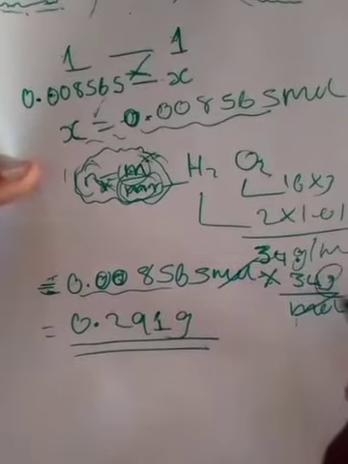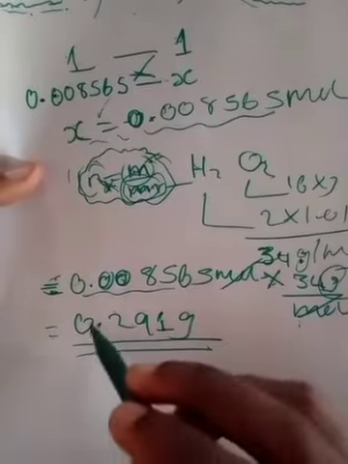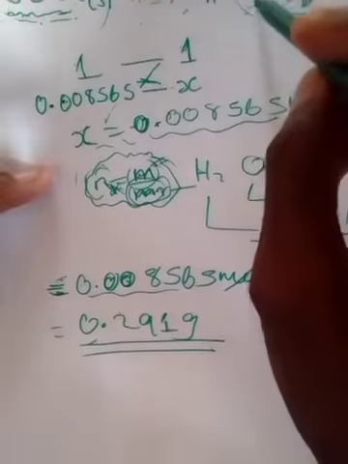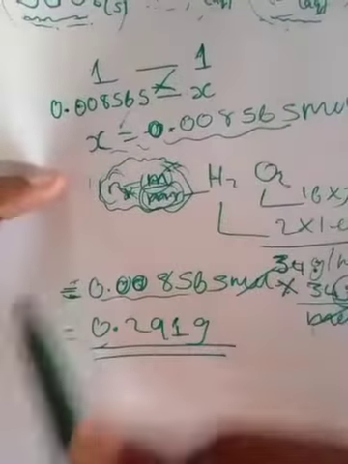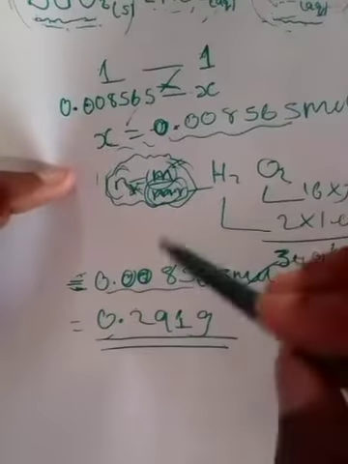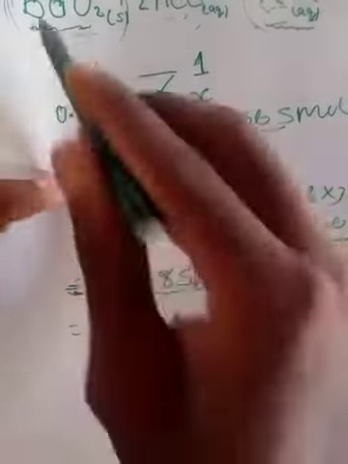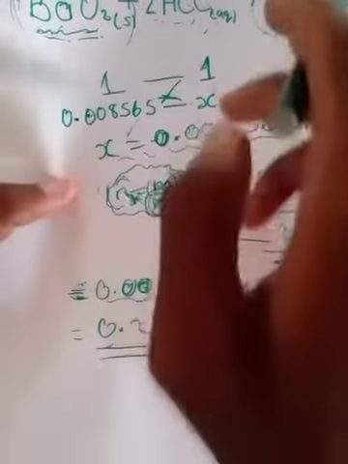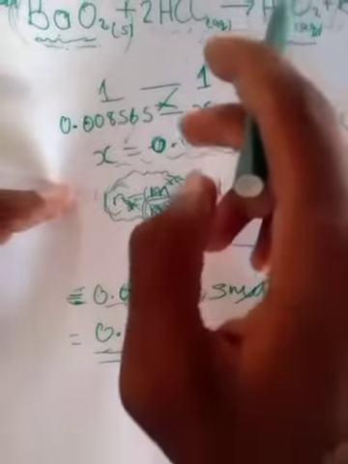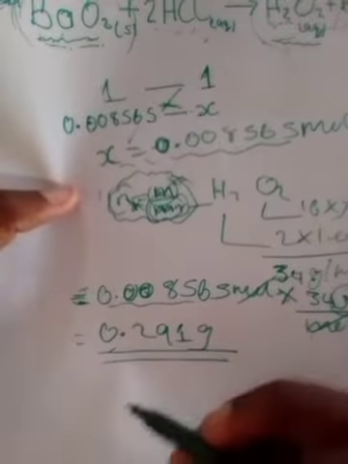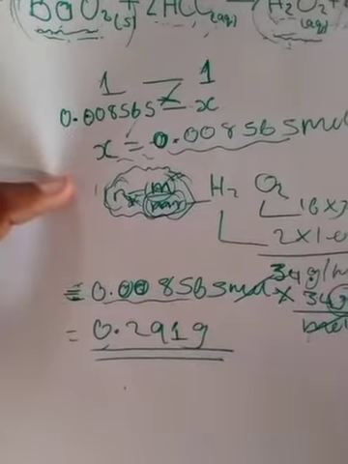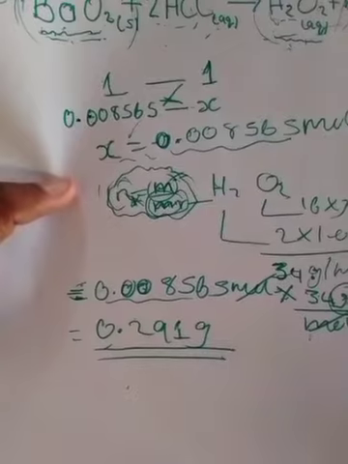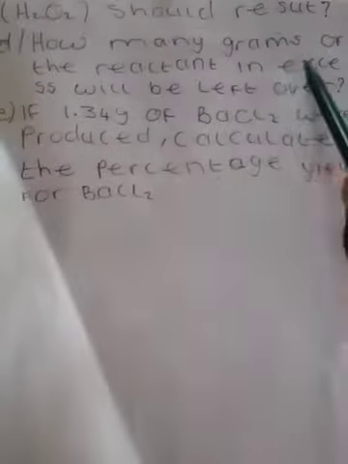So you have found the grams of hydrogen peroxide using the number of moles of the limiting reagent to find the number of moles of hydrogen peroxide. Okay, so we have answered question C. Now question D is asking how many grams of the reactant in excess will be left over?